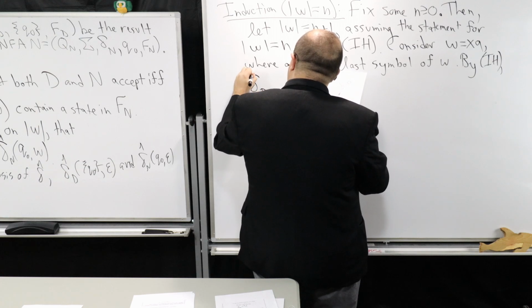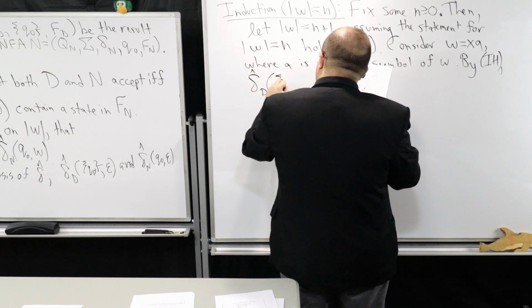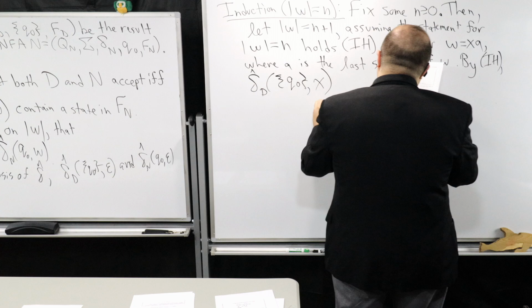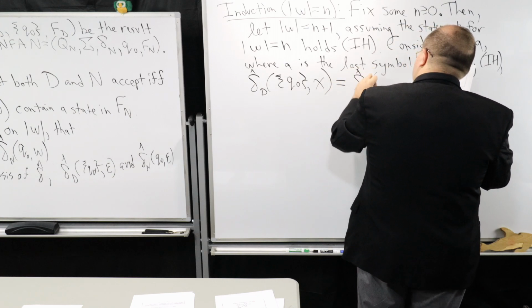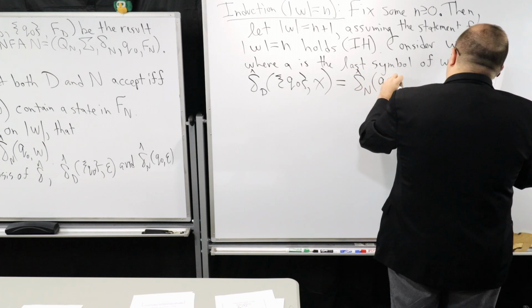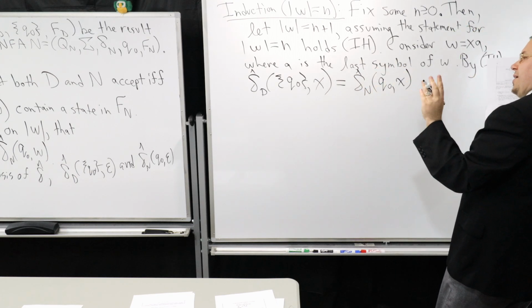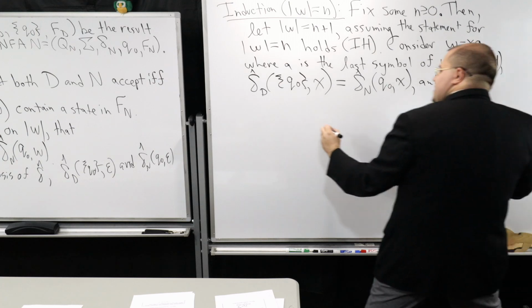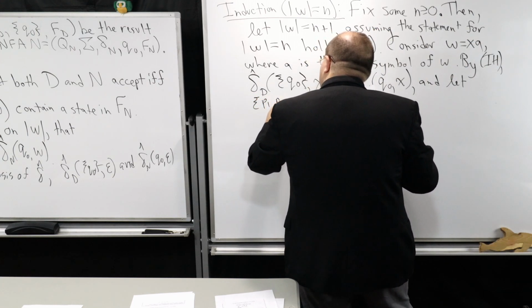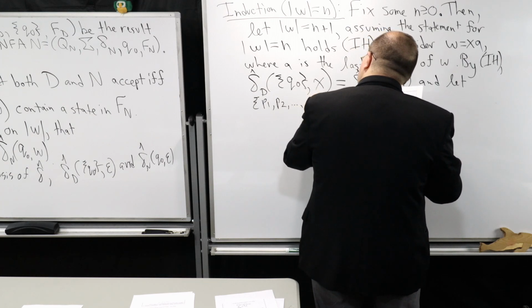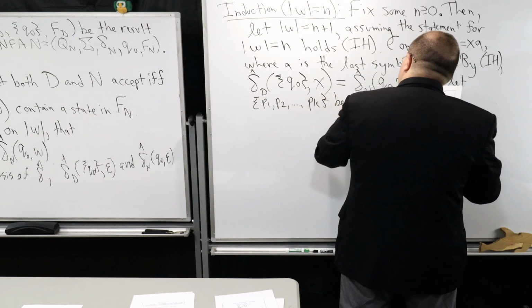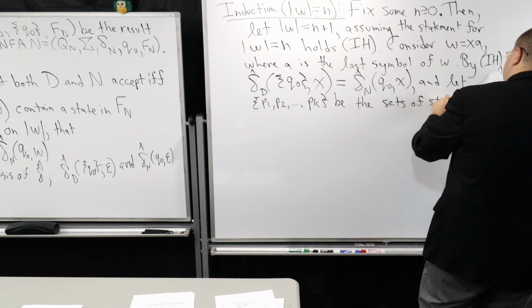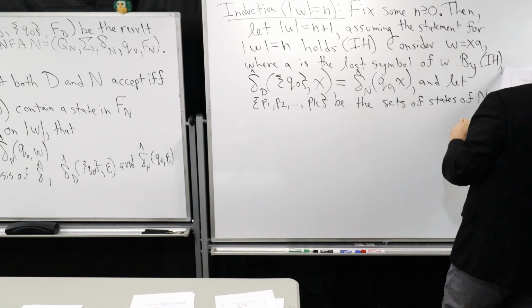So delta hat D, given Q0, X is going to be equal to delta hat N of Q0, X. What I'm going to do after this is let there be a set, which I'll denote as P1, P2, Pk, be the sets of states of N for both these sets.